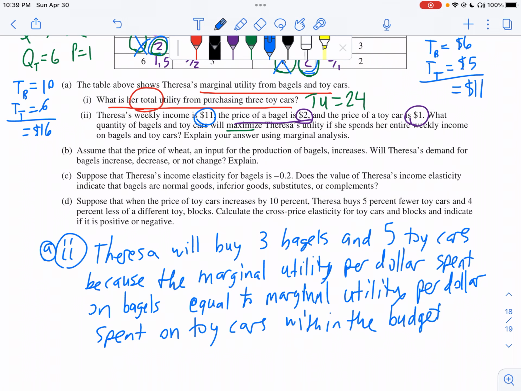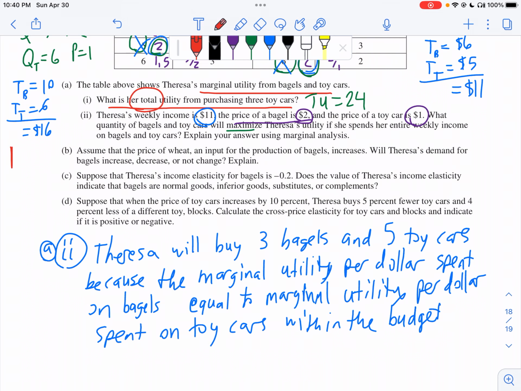Now, part B. Assume that the price of wheat, an input for the production of bagels, increases. Will Teresa's demand for bagels increase, decrease, or stay the same? If you said decrease, you need to slow down because, read the question again. Assume that the price of wheat, an input, I'm going to say it again, an input for the production of bagels increases. What happened?